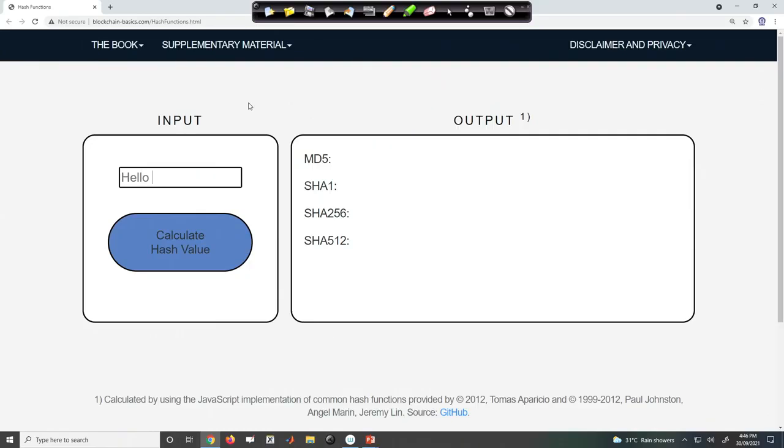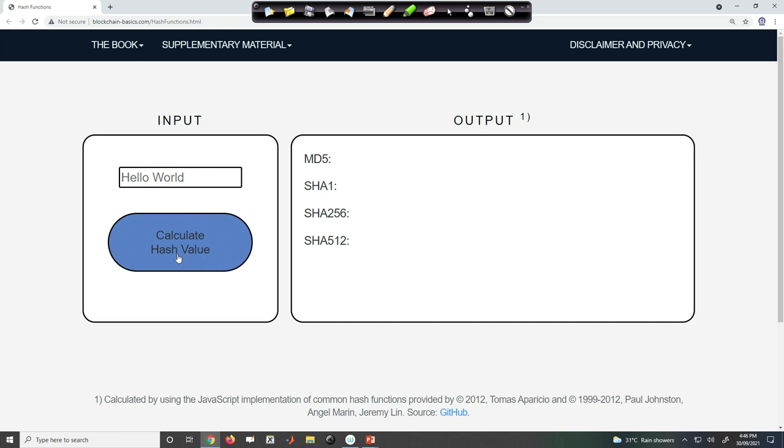We will see an illustration where we give certain messages as input and see what their hashes look like. So, let us go to this site and type, say, hello world, and then say that we want to calculate the hash value.